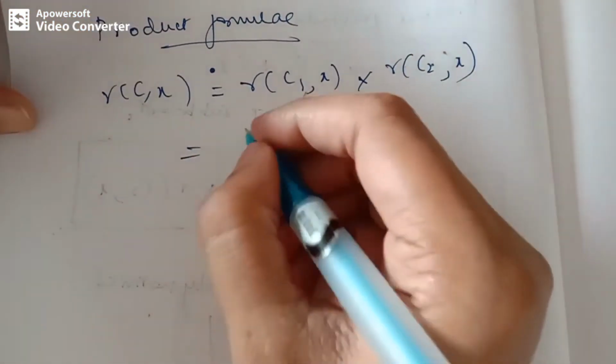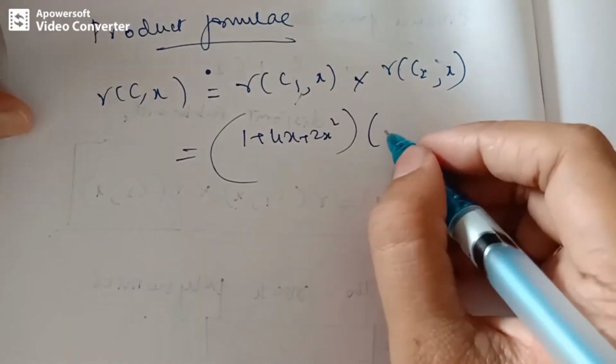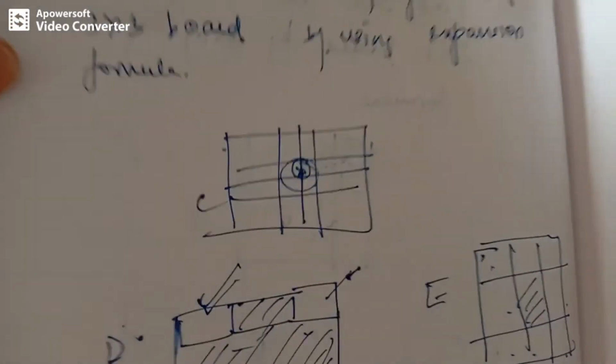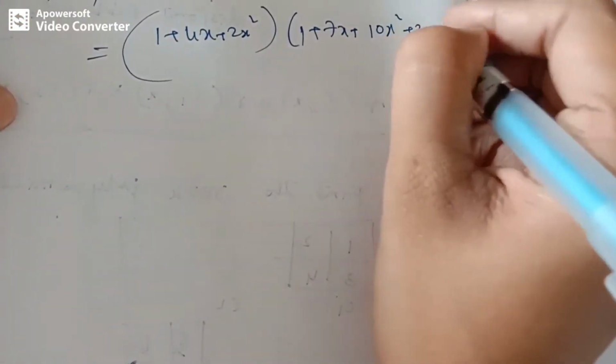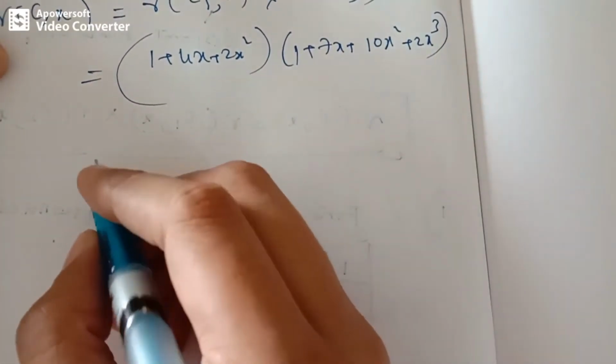So this is 1 plus 4x plus 2x square into 1 plus 7x plus 10x square plus 2x cube. You can also simplify this answer.